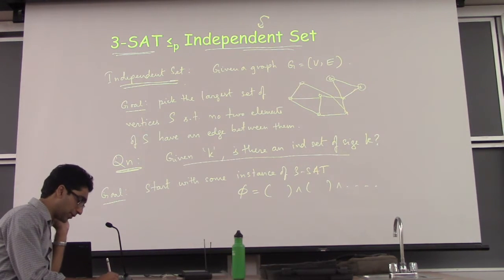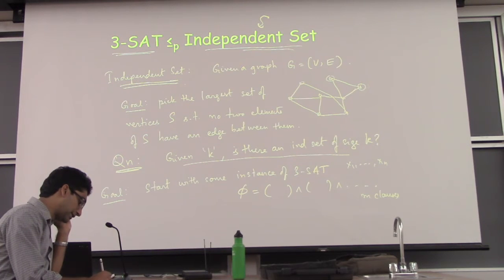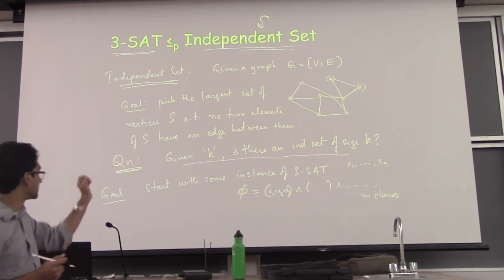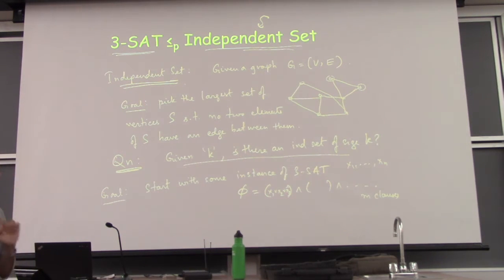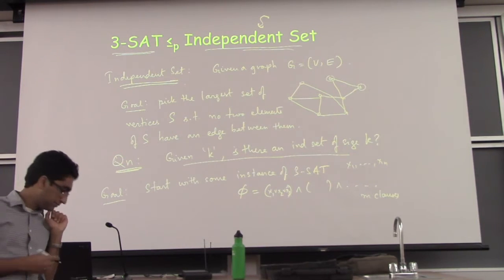Then you have some m clauses, let's say, and n variables x1 through xn, and each clause has 3 literals, maybe x1 or x2 or x3, x3 bar, something like this. So I just drew a 3SAT formula for those who can't see.